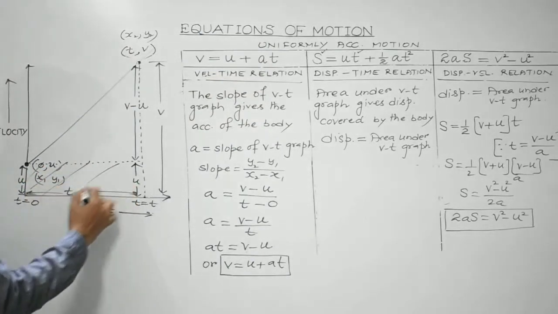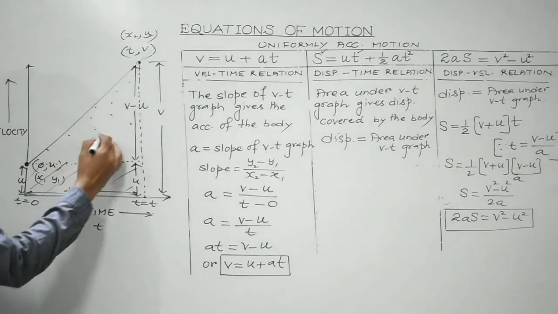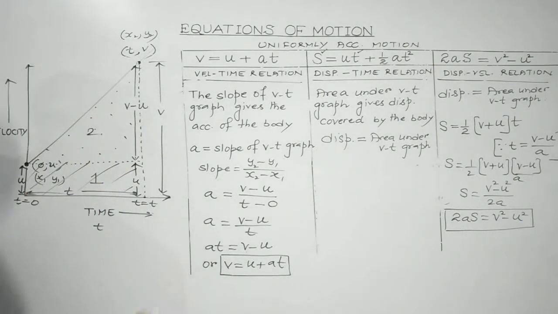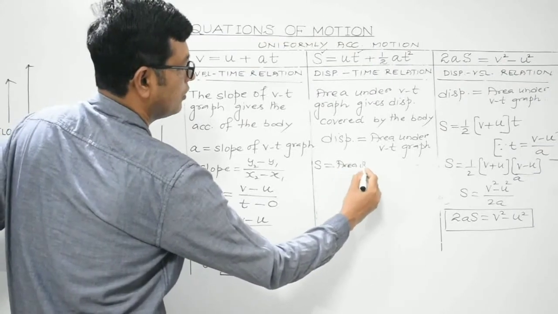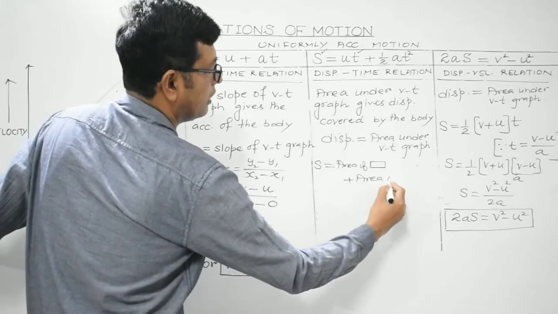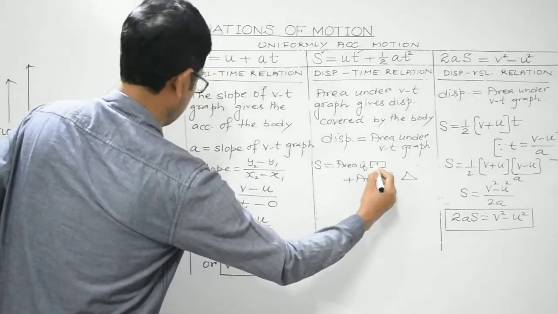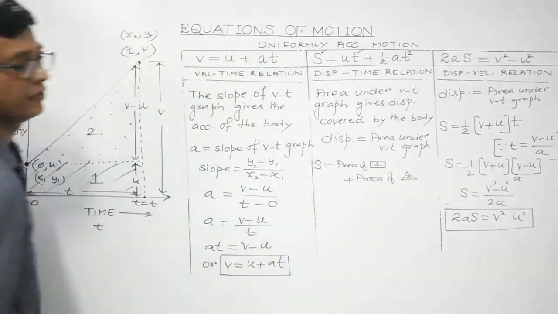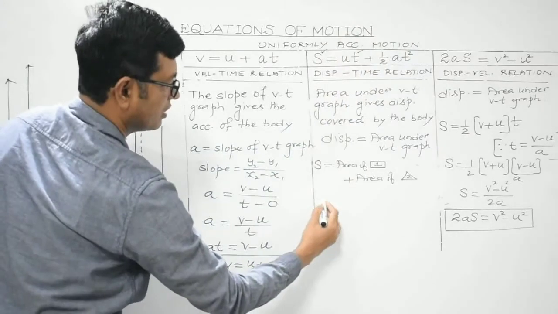This is the rectangle, considered to be first, and this is the triangle, considered to be second. So displacement may also be written as area of rectangle plus area of the triangle. In that way also you can directly get this particular result.